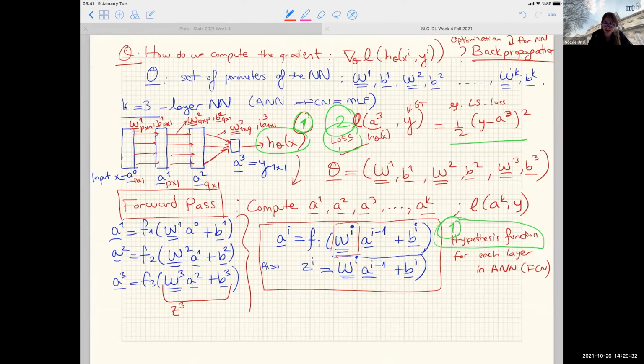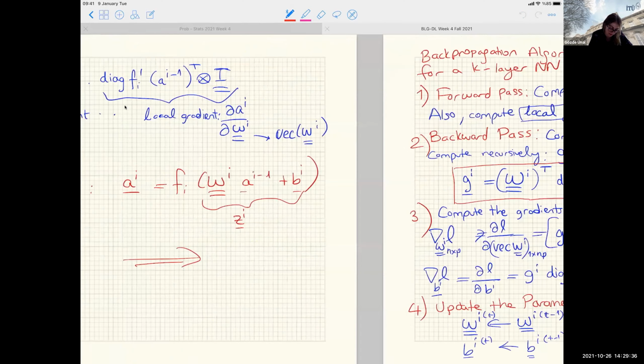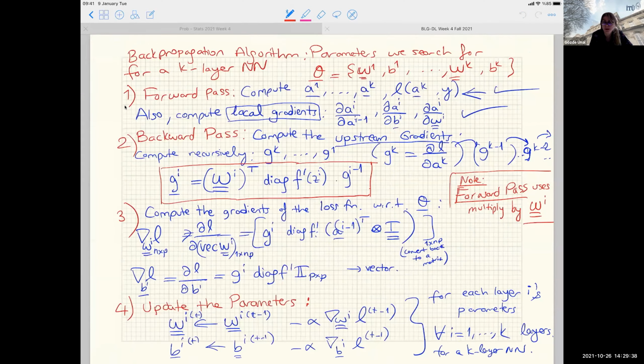This is forward pass. Now, backward pass uses, you can see, a multiply by W transpose here, this guy. So forward pass uses that, backward pass uses this. Just be careful in that when coding this, that's why.